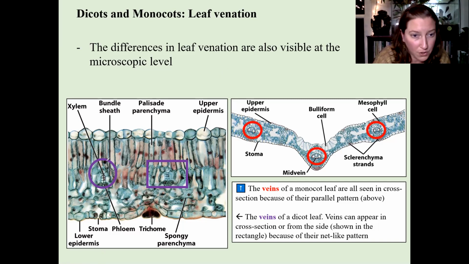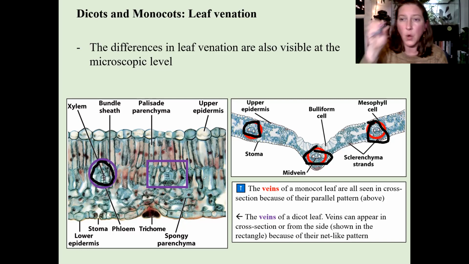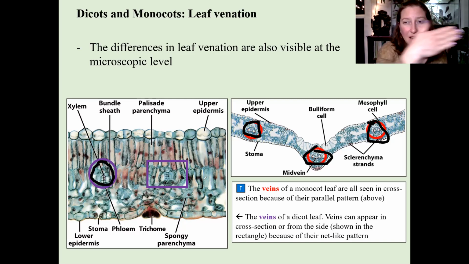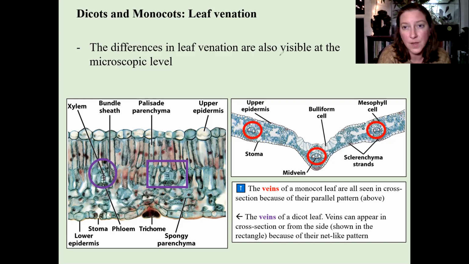In the purple circle, we can see an entire vein, much like we can see it here and here. But in this rectangle, we don't see the whole circle. We see more like this angle, like the side of a vein. Hence the rectangle.